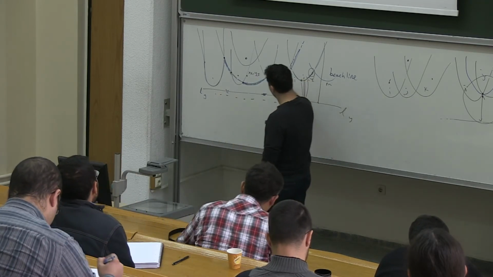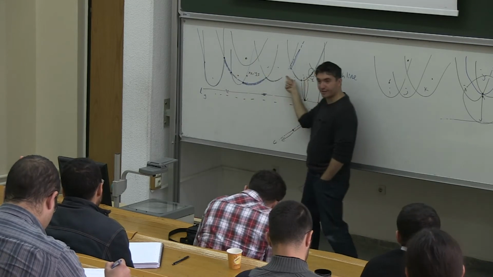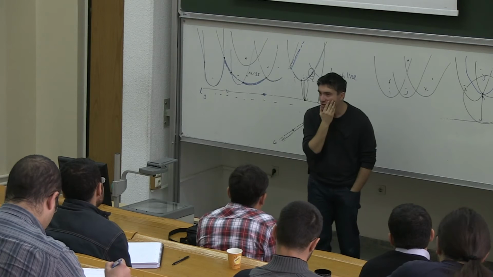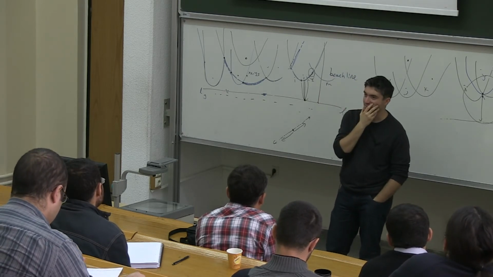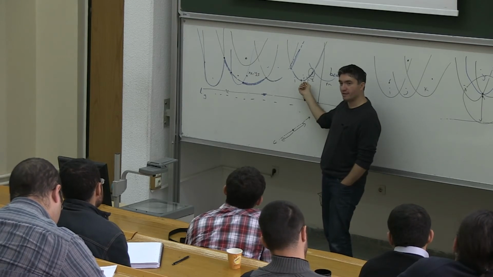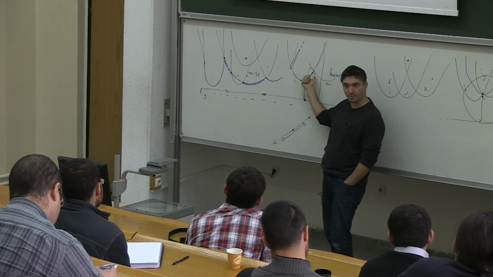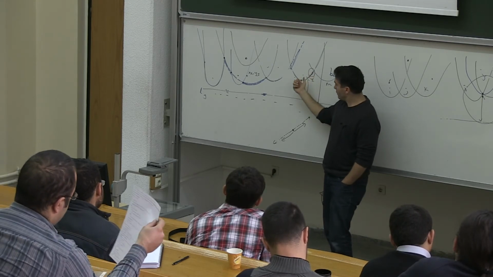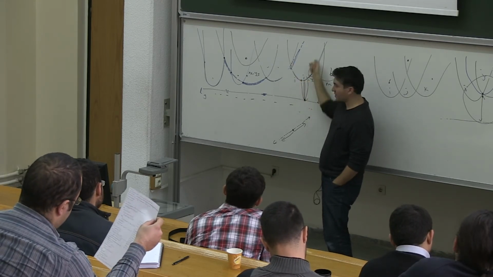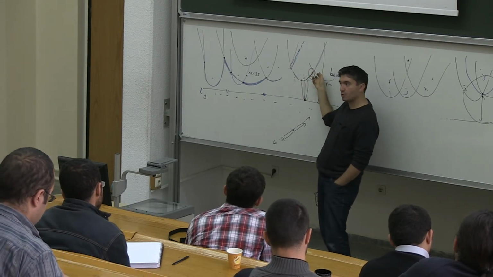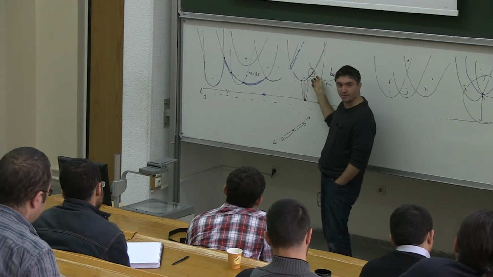The number of arcs on the beach line can be at most 2n minus 1. Why is that? Because each new arc that appears here can divide an existing arc into two, okay? So each site here can correspond to at most two different arcs on the beach line.